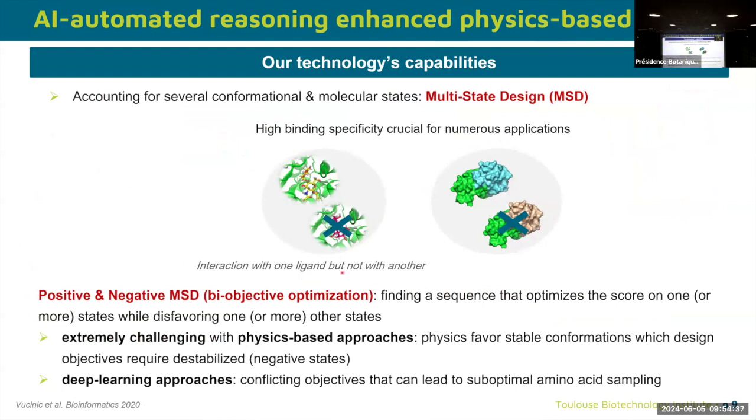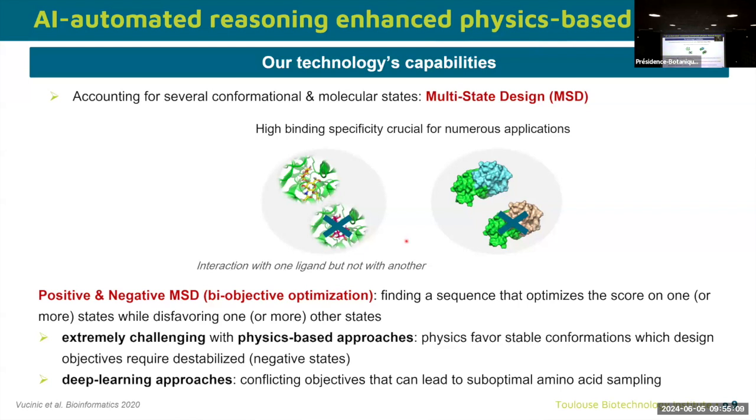That gives a bi-objective optimization problem with favorable and unfavorable states. We need to find a sequence that will optimize the score on the favorable states while disfavoring the negative states. It is extremely challenging with a physics-based approach, since the physics tends to favor stable conformations, while the design objective wants to destabilize the negative states.